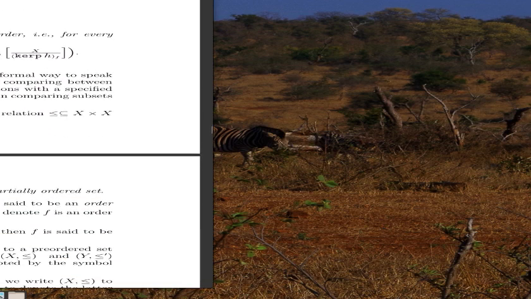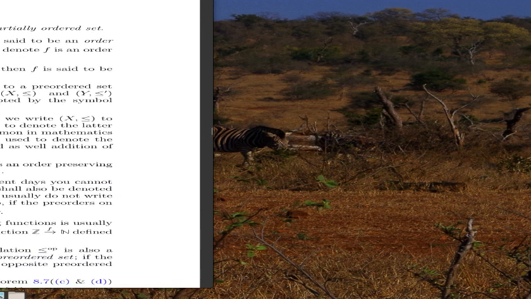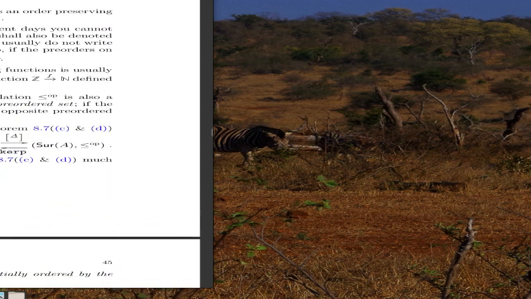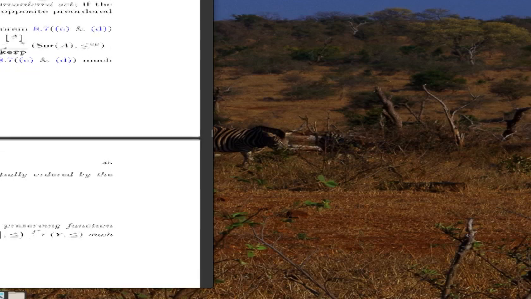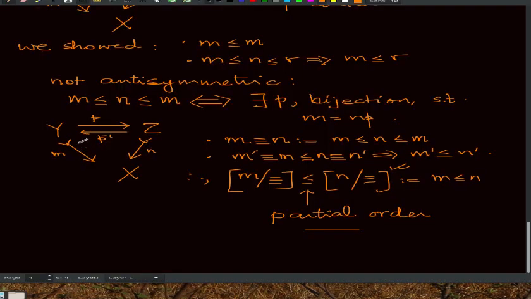That's possibly one of the first tricks that I did in Theorem 9.5. So what did I do? Suppose this is a pre-ordered set. So this means this is reflexive and transitive, not symmetric, not antisymmetric.